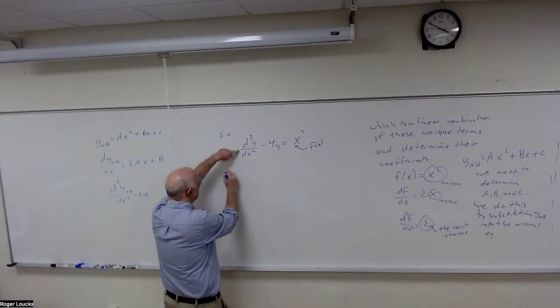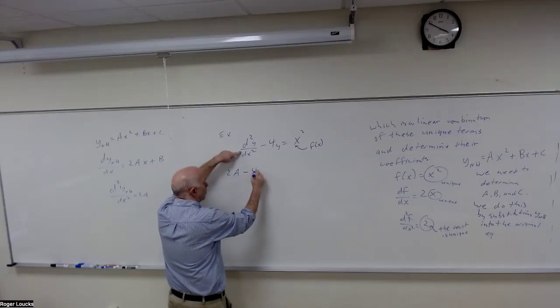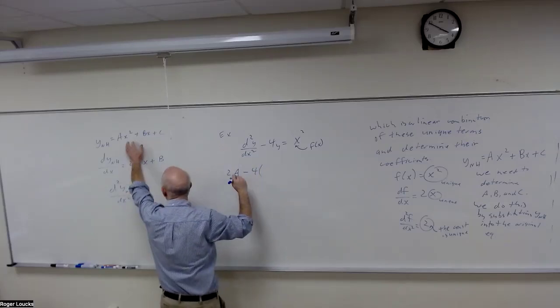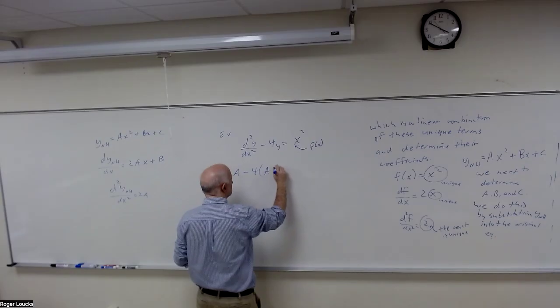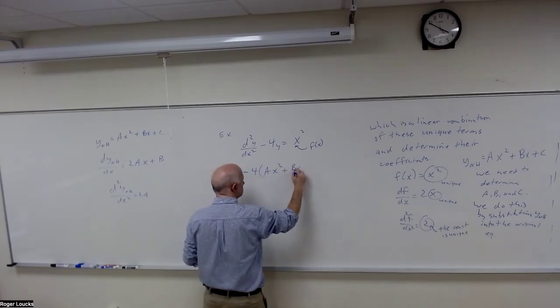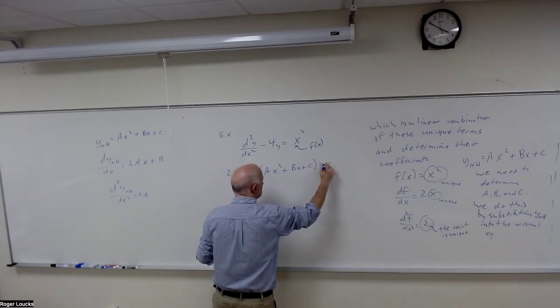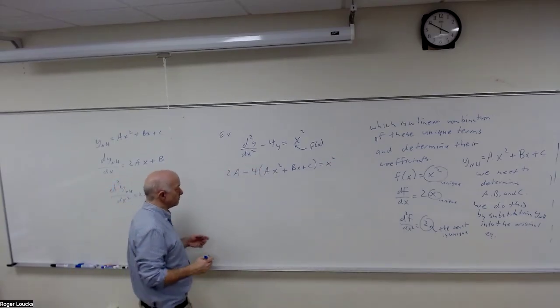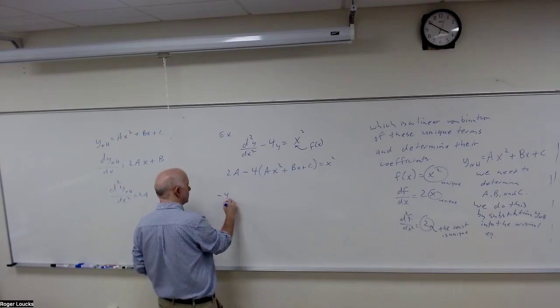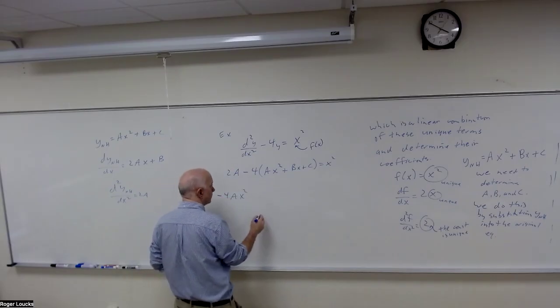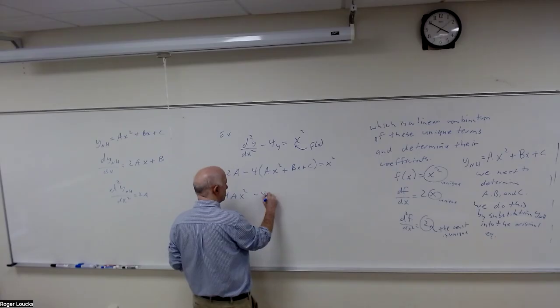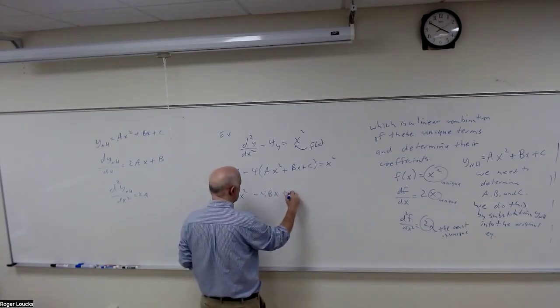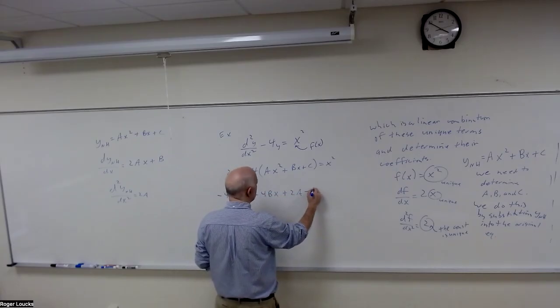This guy is 2a minus 4. My y is over here, and this equals x squared. So what does that give me? This gives me minus 4ax squared minus 4bx, then plus 2a minus 4c.